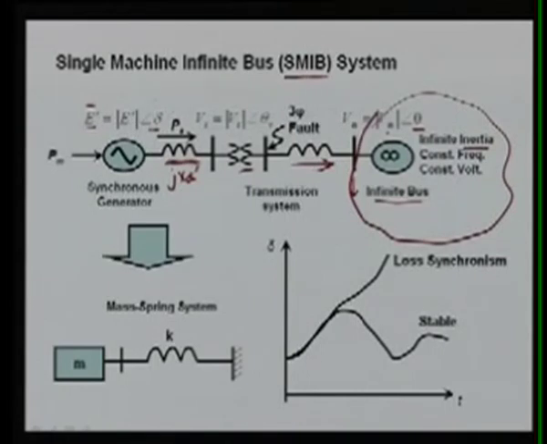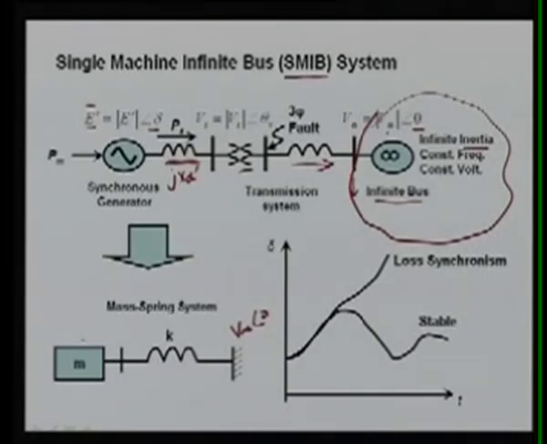Now this machine is nothing but a spring mass system, with some stiffness K. This is your infinite bus, V infinity angle 0, and this is another mass. So it is just like a mass spring system, and then we can analyze the dynamics of this system.